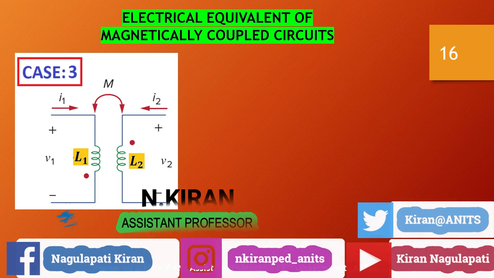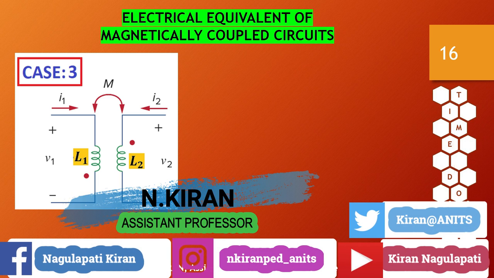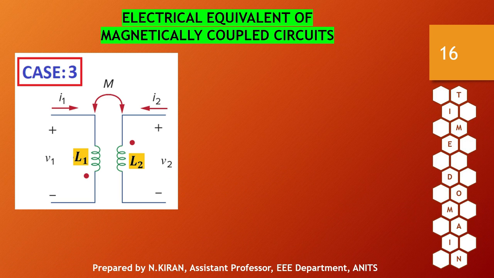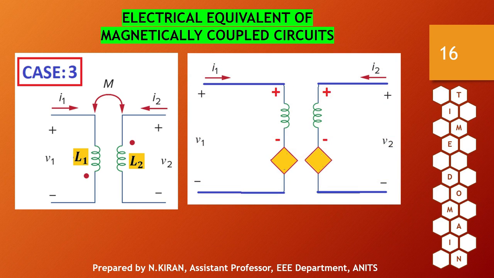So here in time domain, since the current directions have not changed, the polarity of self-induced EMF will be the same. Coming to the polarity of mutually induced EMF, in the first coil the current is entering at the undotted end. So since it is entering at the undotted end, positive will be at the bottom end of the second coil and negative at the top end.